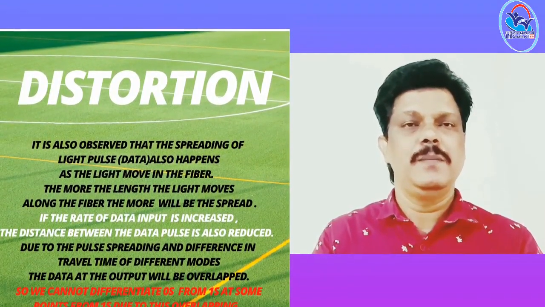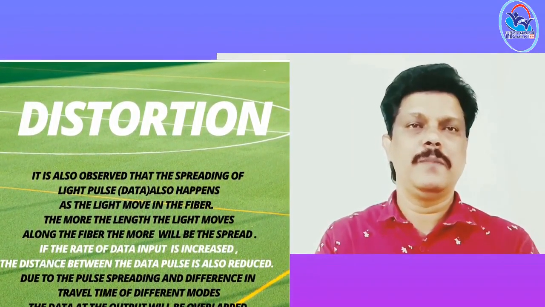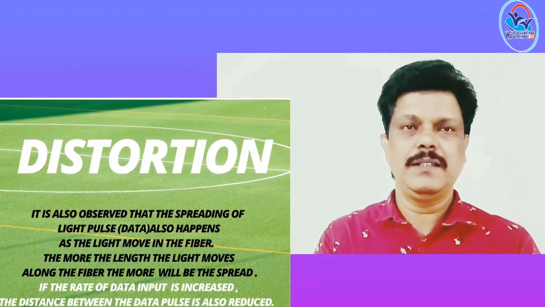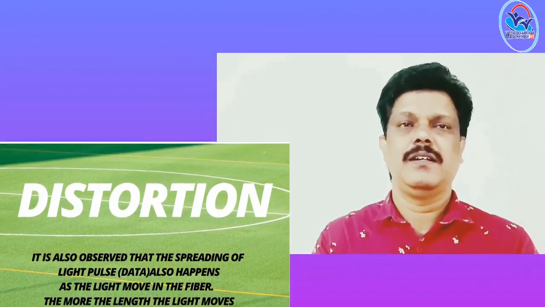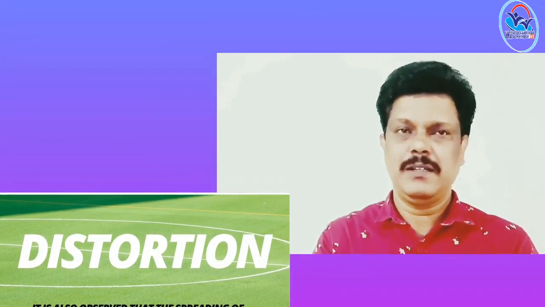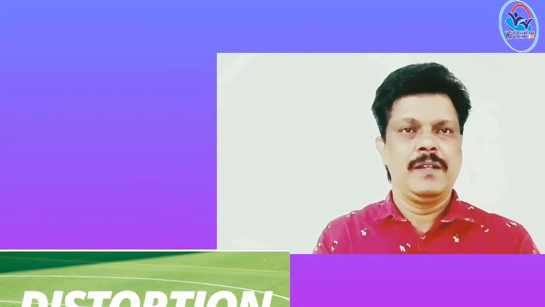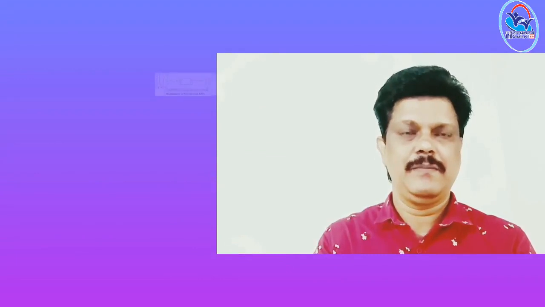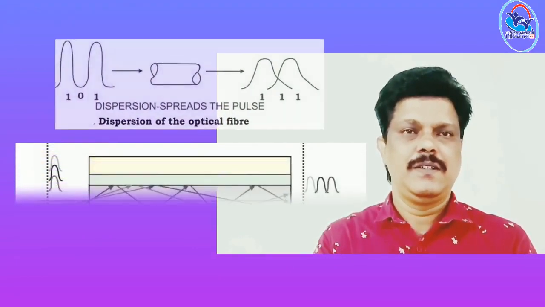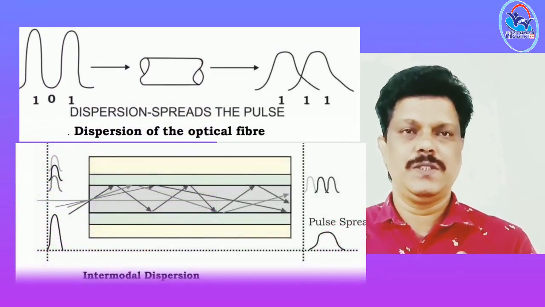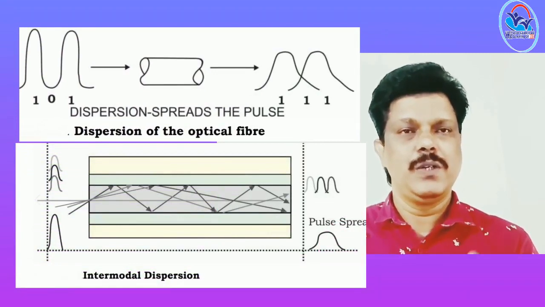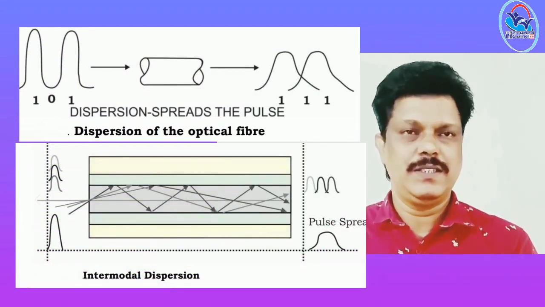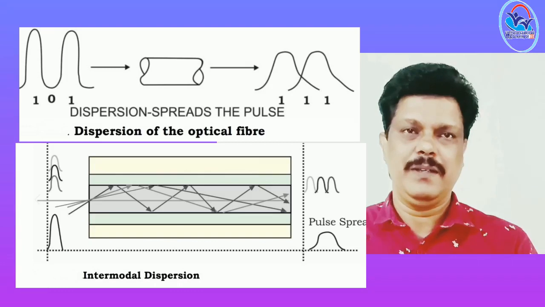So, if the pulse moves along the fiber, due to the pulse spreading and the difference in time taken by the different modes, the pulse will be overlapped at the receiver end. In that case, we will miss some zeros. Instead of zeros, we get ones because of this overlapping.